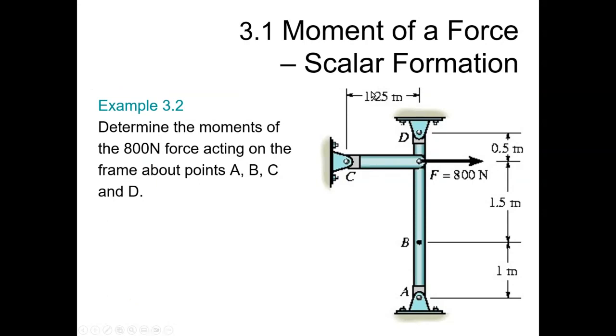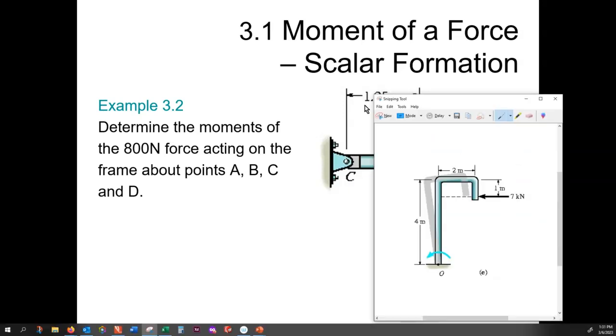Okay, let's try something different. So in this example, can you find the rotational effect with respect to A, B, C, D? So again, we're doing this all together.